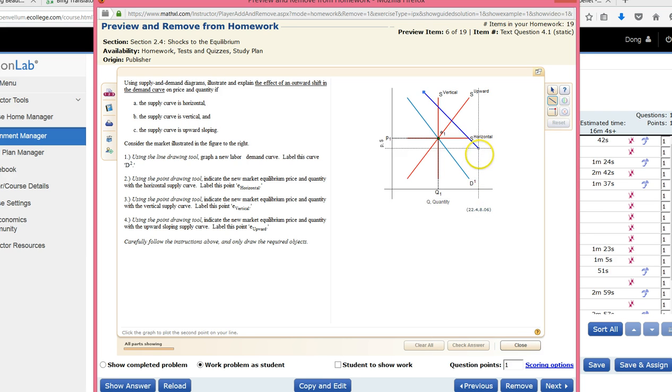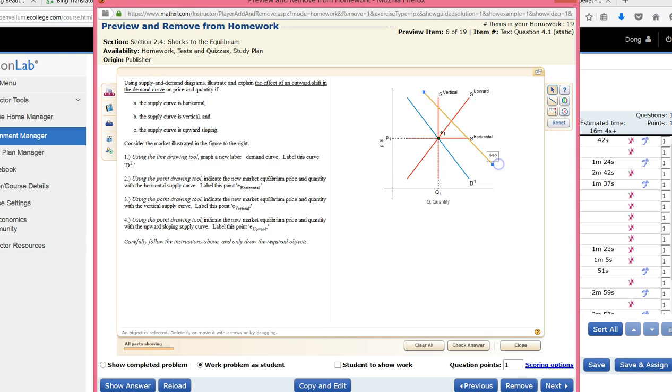One good thing about this MyEconLab platform is that you don't have to draw parallel lines. As long as you draw a line which is to the right of the original demand curve, your answer will be correct.